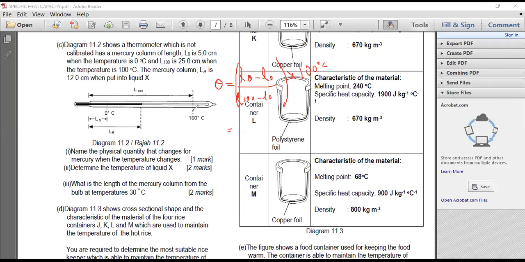Your L theta is 12. So 12 minus 5 over 25 minus 5 times 100.